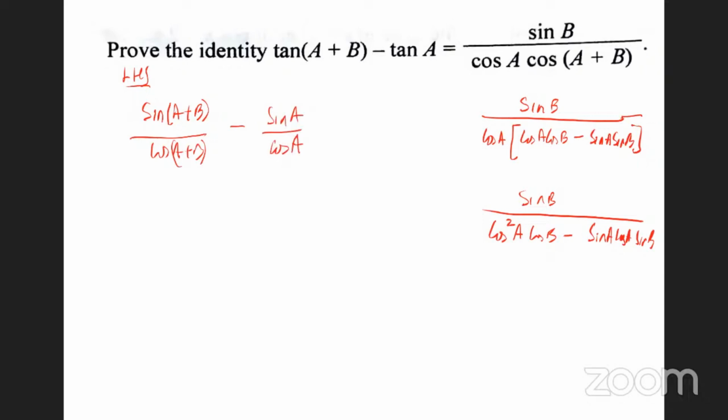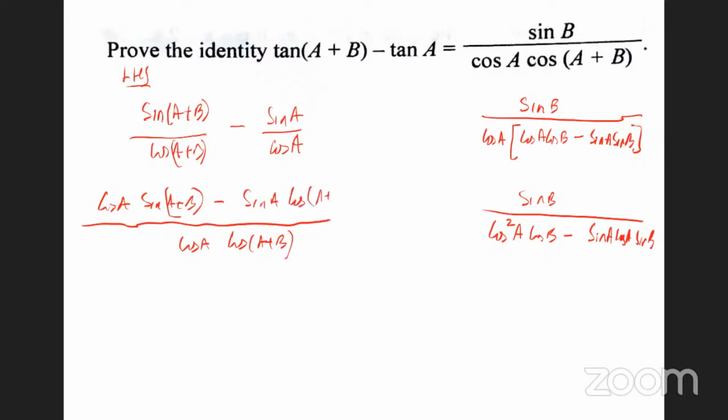There's probably no need to expand out the denominator, so really and truly, this wasn't really useful.